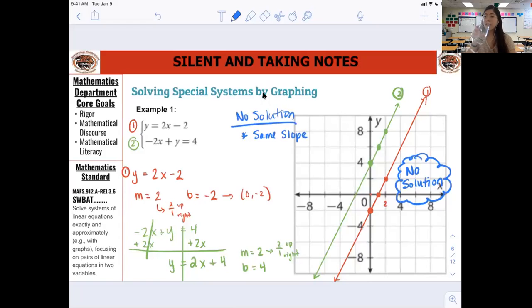The y-intercept is different, right? For equation number 1, the y-intercept was -2, but for equation number 2, the y-intercept was +4. So whenever you have the same slope but a different y-intercept, that's no solution. Okay, any questions on this one?